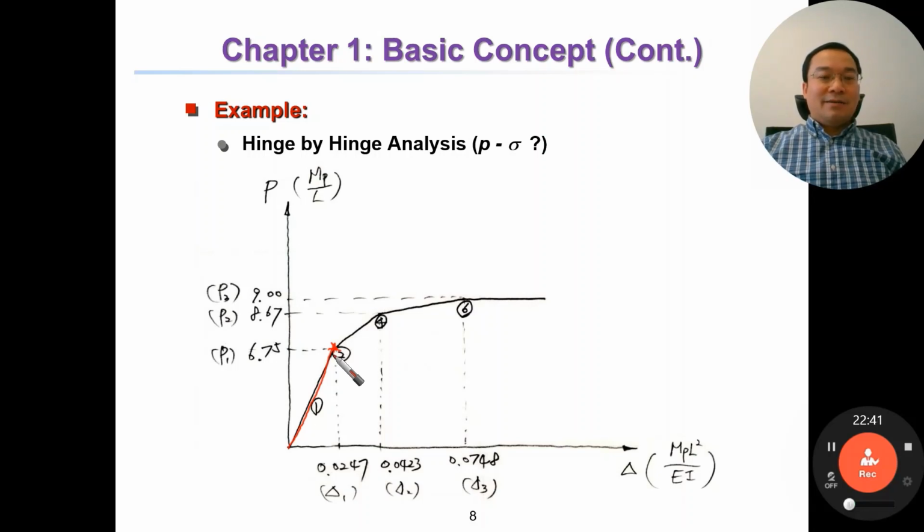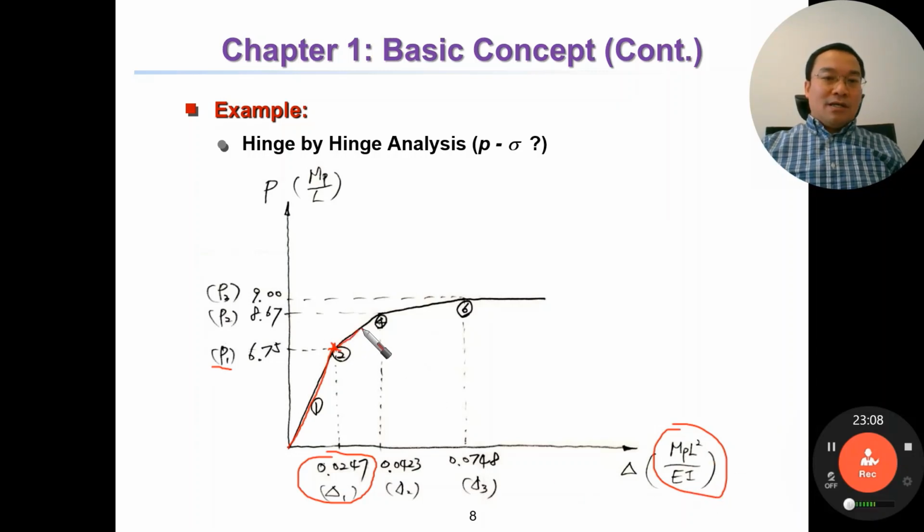At the plastic limit load, P1 equal to 6.75 MP over L, and the corresponding deflection delta 1 equal to 0.0247 multiplied by MP L squared over EI.